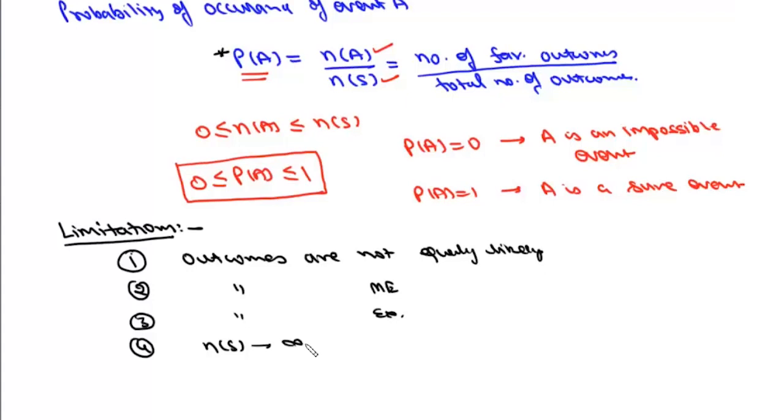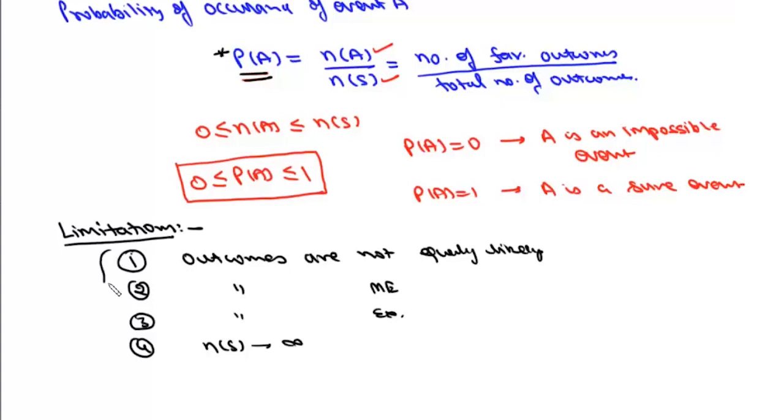But with all its limitations, the classical definition of probability is still widely used. And in our case, whenever we are dealing with permutation and combination problems, more often than not, we'll be using this classical definition, which is P(A) equals the number of elements in A upon the number of elements in the sample space.